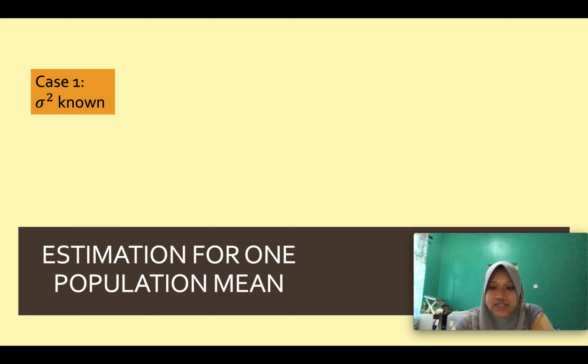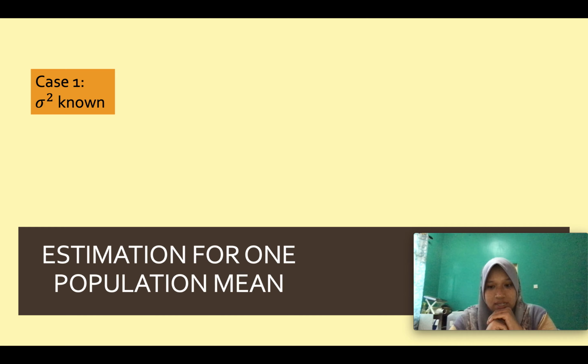Okay, so for case number 1, population variance is known. Or if in the question you are given the value of the population variance or the standard deviation of the population. That means either sigma or sigma square. So if sigma, that is the population standard deviation.